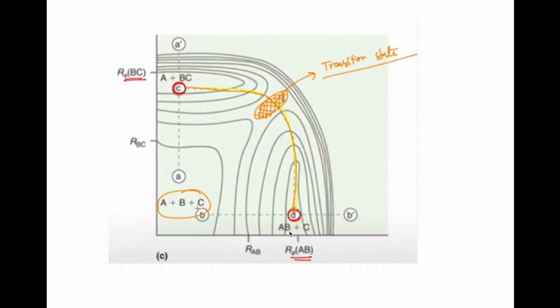Finally, we get AB plus C, and this is the unstable state. A, B and C all stay in the atomic state. They are not on the potential energy surface. So this is the reaction pathway of a reaction, and the highest point is the transition state.